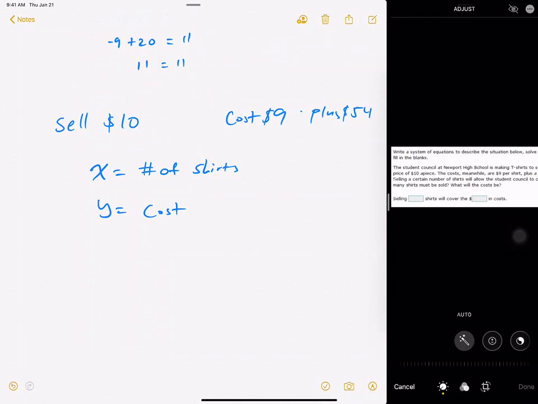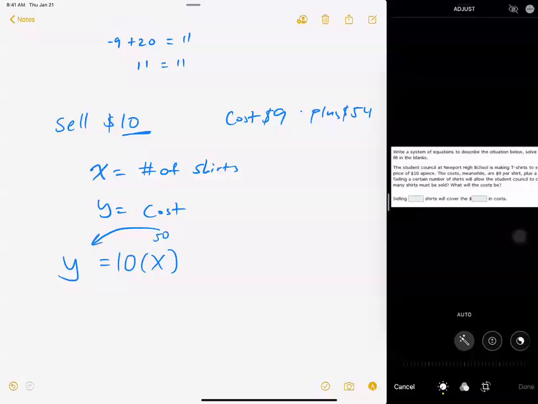All right. So let's come up with our first equation. If I sell 10 shirts, 10 times the number of shirts will end up with how much money we're going to make, right? I'm going to call this Y here. So if I sell 50 shirts, I'm going to make $500. If I sell 40 shirts, I'm going to make $400.